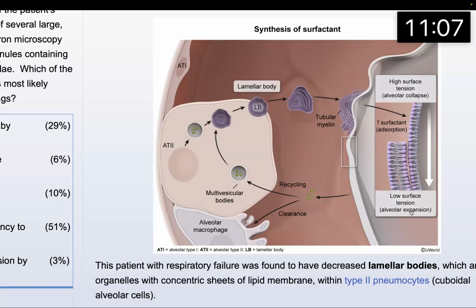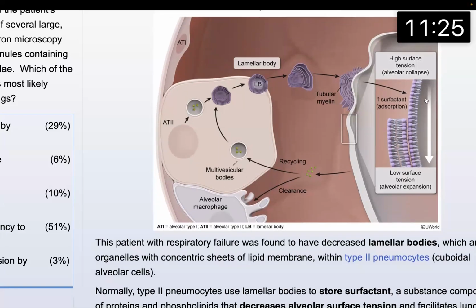Low surface tension, alveolar expansion. This low surface tension is produced because of the surfactant's ability. So here there's high surface tension and a tendency to collapse, so they will absorb more of the surfactant. And as they go down, there's less surface tension, so they won't absorb as much. Then these are recycled, packed again, multivesicular, and they form more and more lamellar bodies when needed.